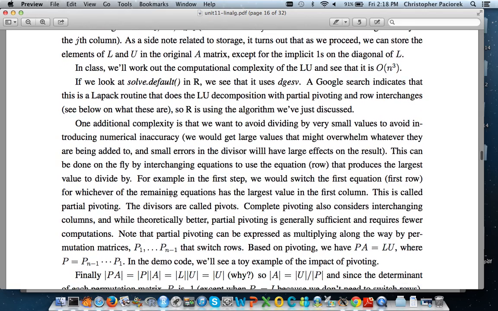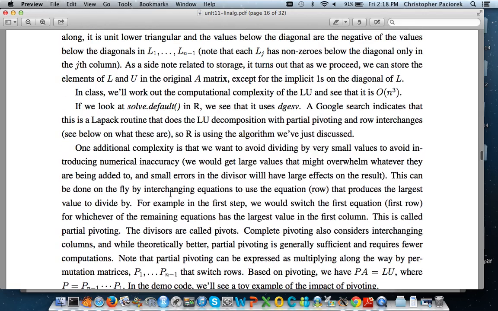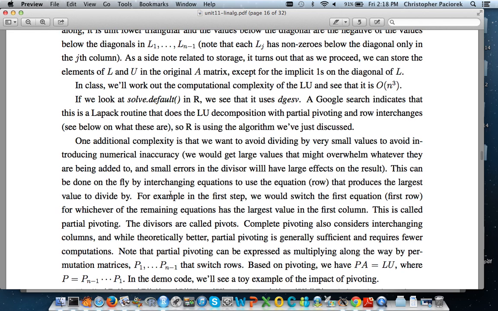It turns out you could also think about interchanging columns to make it even more robust. But if you just do the row interchange, you do a pretty good job in terms of the numerical accuracy of doing this.